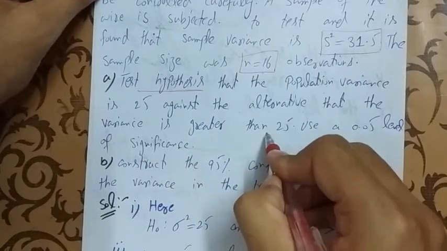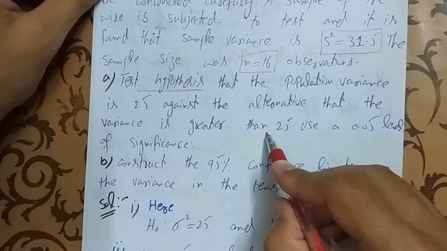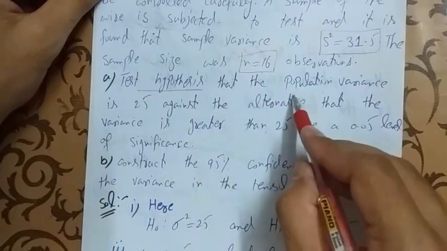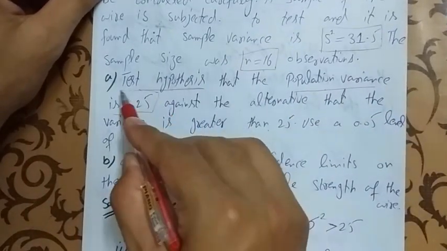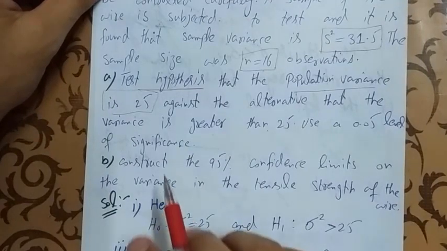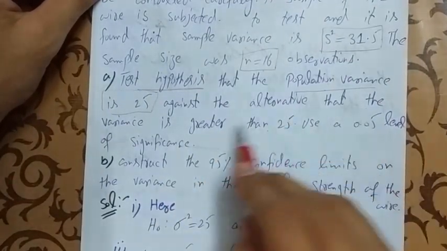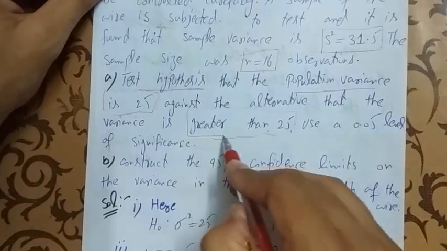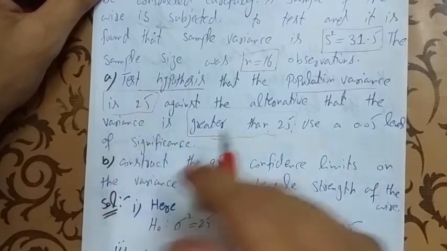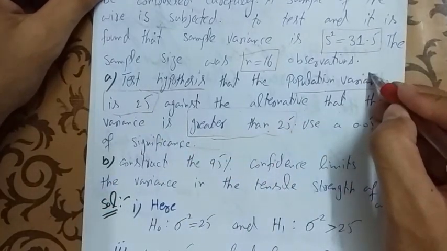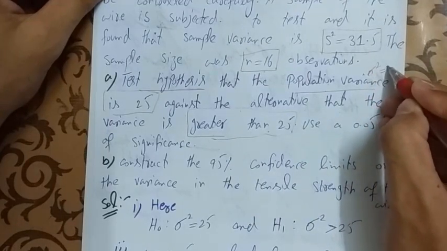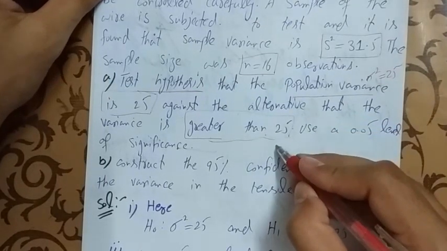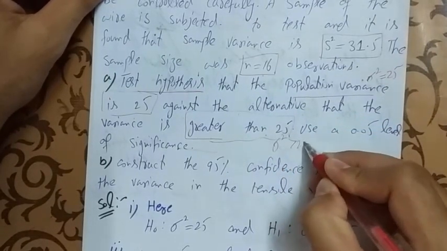Now dear students, here two things are given. The first one is that the population variance is 25, meaning it is the null hypothesis, sigma square is equal to 25, against the alternative that the variance is greater than 25, meaning sigma square greater than 25.